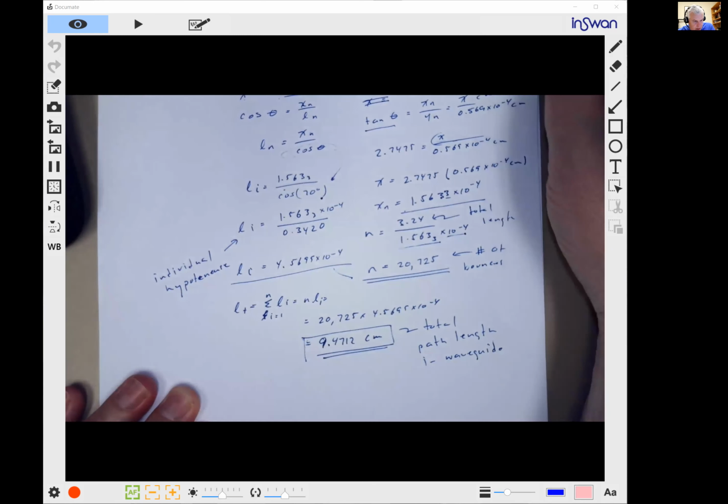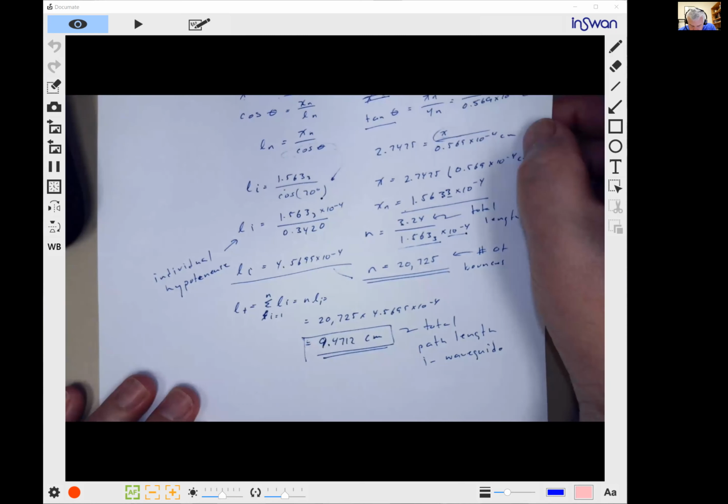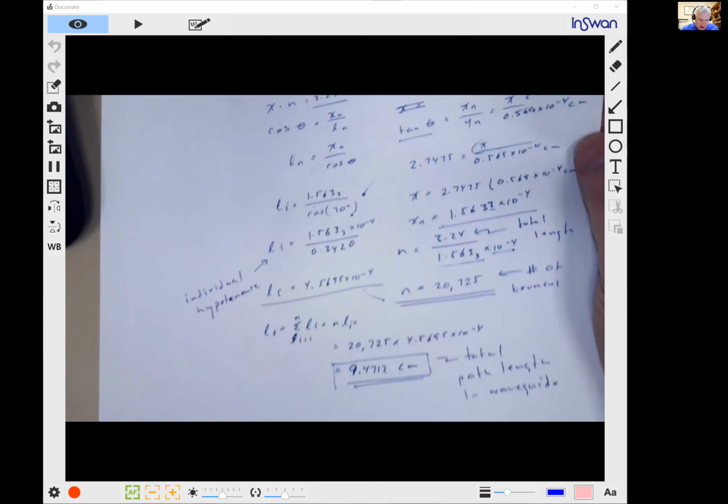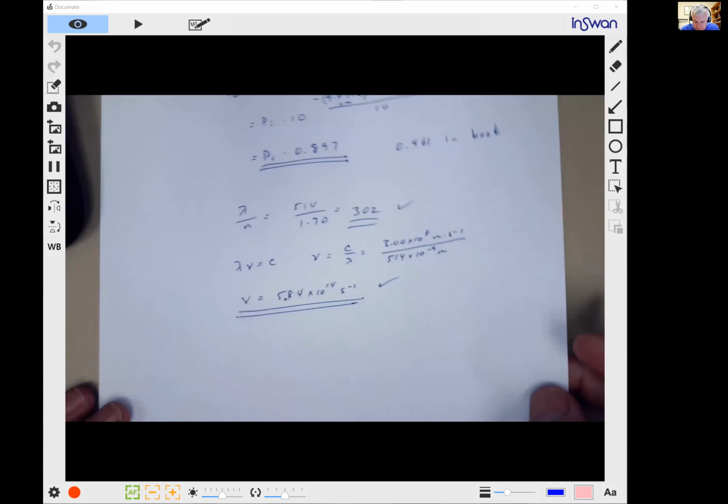Okay. And then from there, we have to do the exponential math.